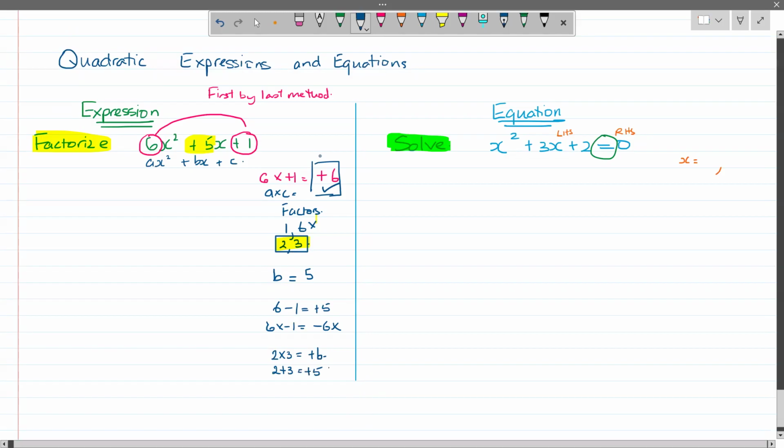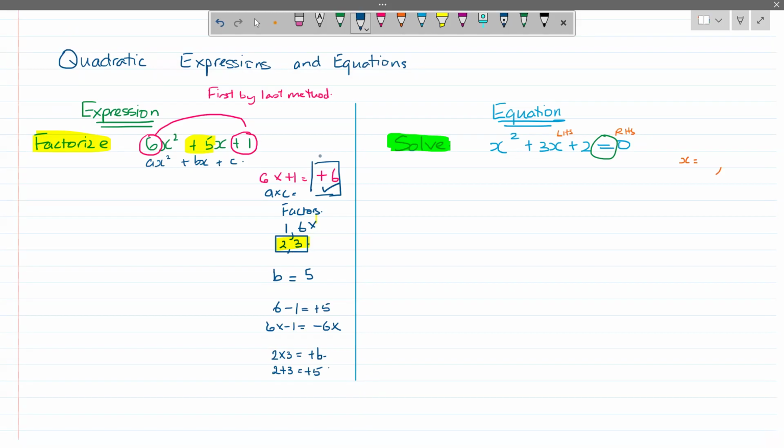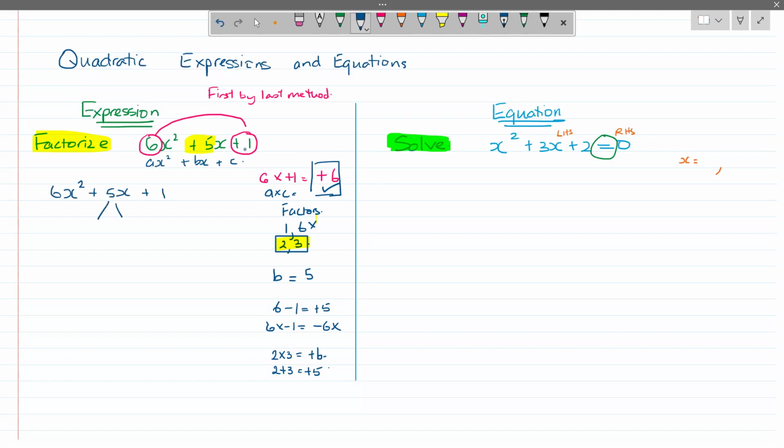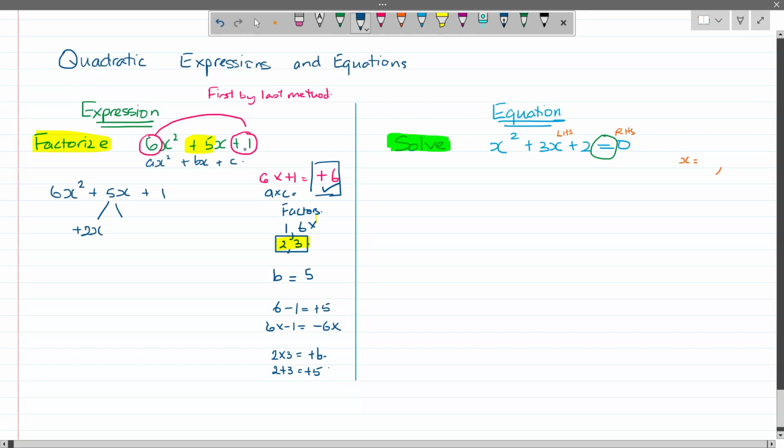So this is a bit of trial and error that students have to do in order to work out the terms that we're going to split the middle term into. Now, when I'm splitting this middle term, I'm replacing this here with a positive 2x and a positive 3x.